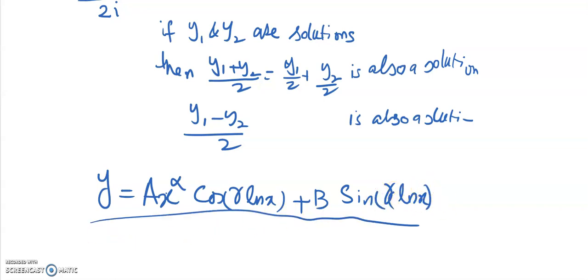This alpha is common to both terms, so b times x to the power alpha will also be there. We will see one example of the application of this equation in the next video clip.